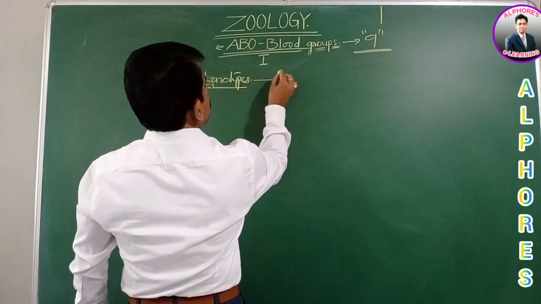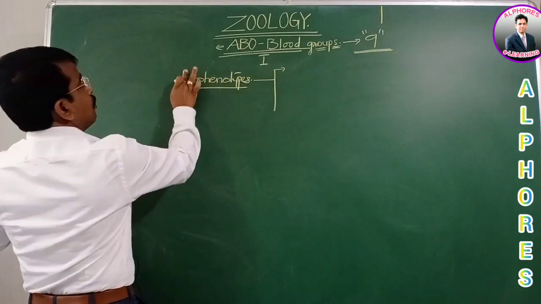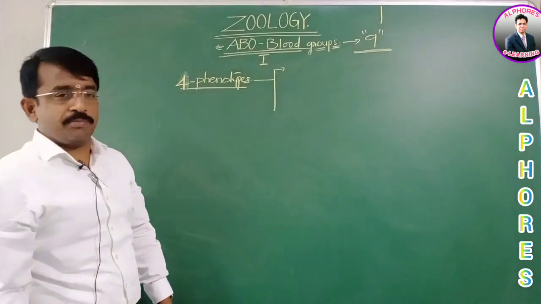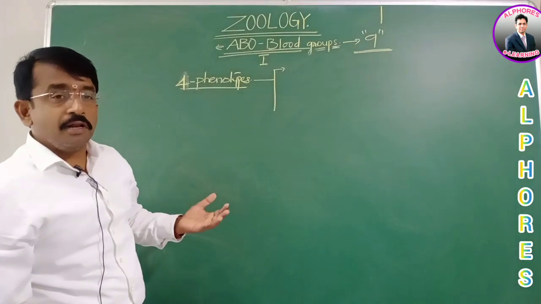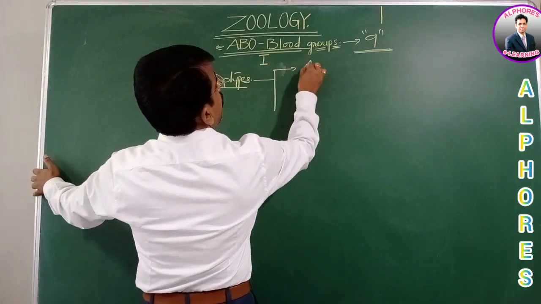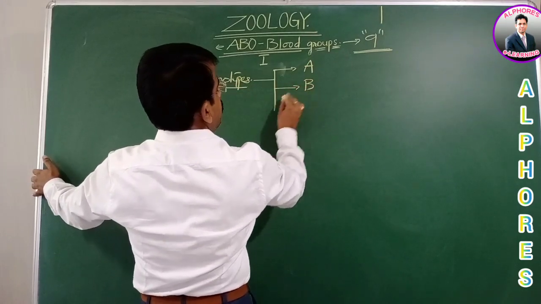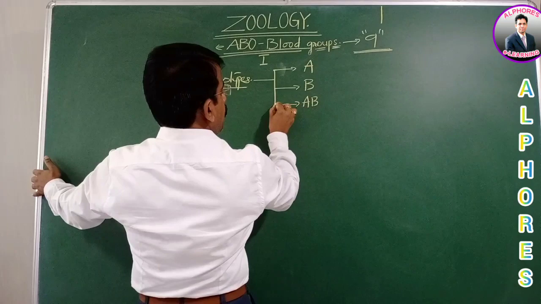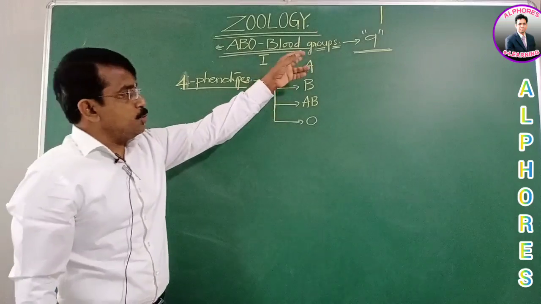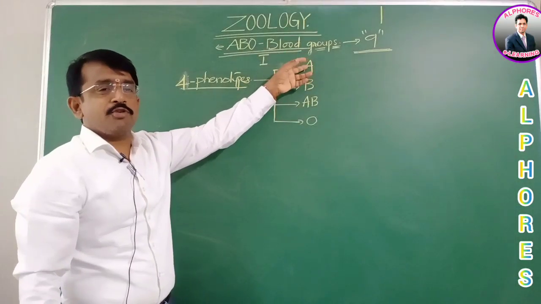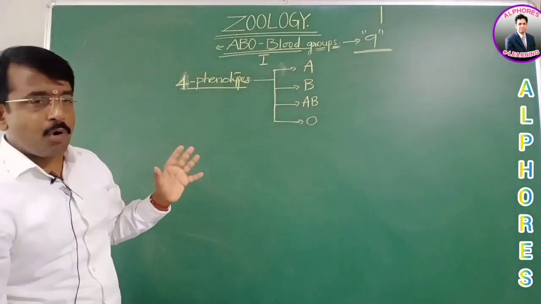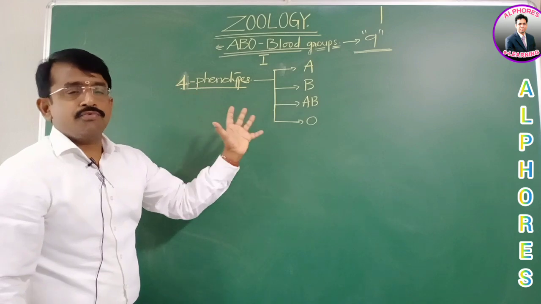There are 4 phenotypes and 3 alleles. The 4 phenotypes, if you see, are 1 A, 2 B, 3 AB, and the fourth one is O. So there are 4 phenotypes, and you express this trait based on its external form: A, B, AB and O. So the total number of phenotypes is 4.